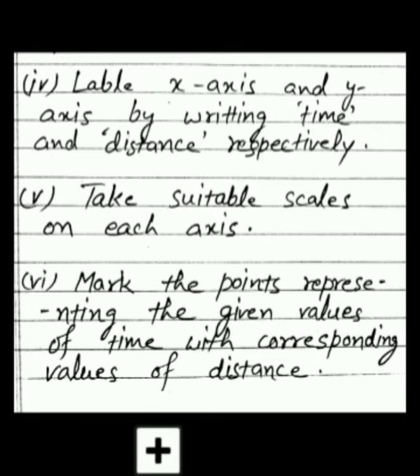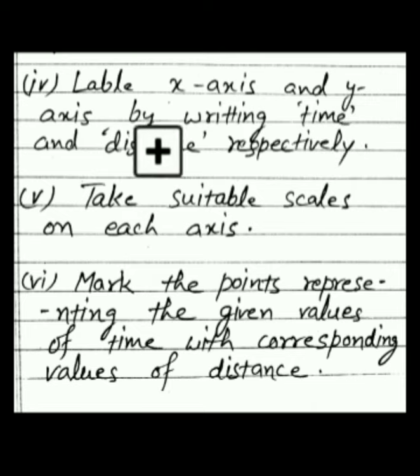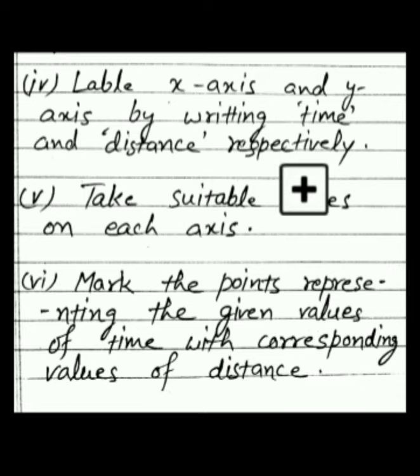Now students, see step 4: label the x-axis and y-axis by writing time and distance respectively. So you have to write time near the x-axis and distance near the y-axis. We have also discussed in the previous part that the x-axis generally shows time and the y-axis generally shows distance.